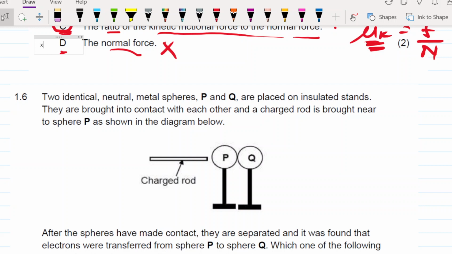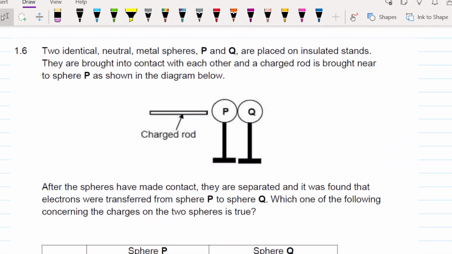Okay, so question 1.6 says two identical neutral metal spheres P and Q are placed on an insulated stand. They are brought into contact with each other and a charged rod is brought near to sphere P as shown in the diagram below.